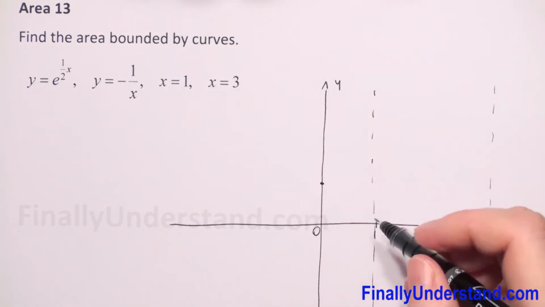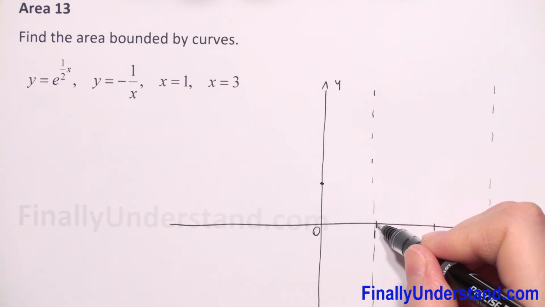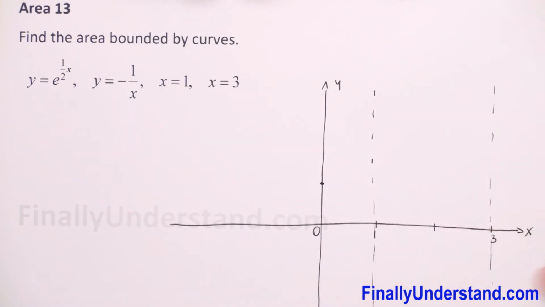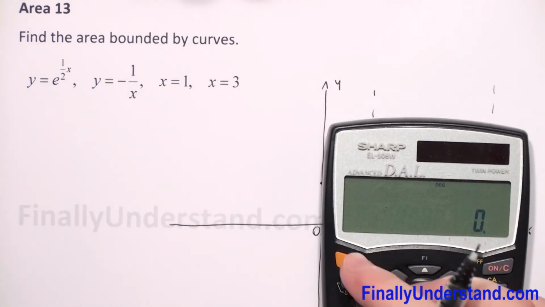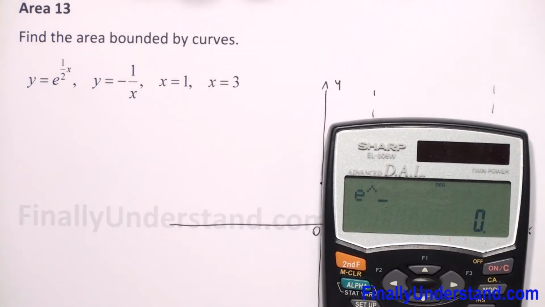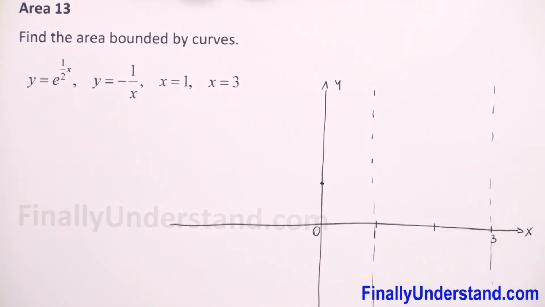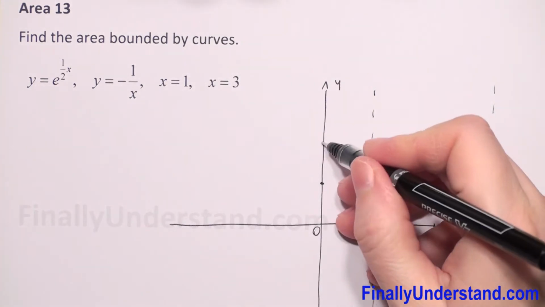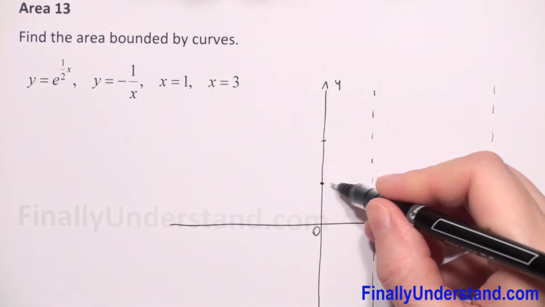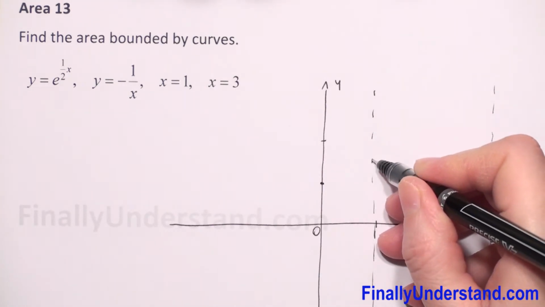For x equals 1, we will have e to power 1/2. So let's calculate this. e to power 1/2 is 1.64, so approximately the point will be here.